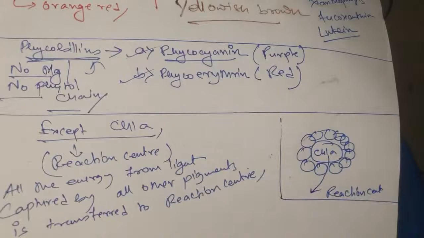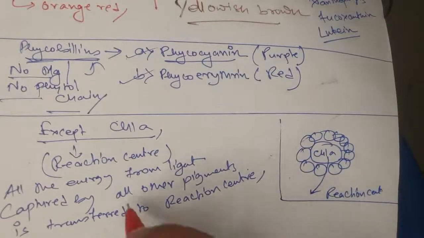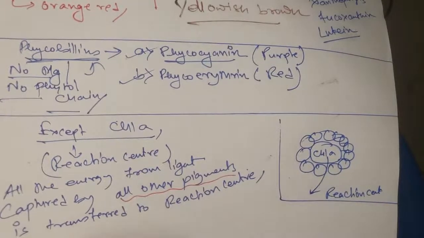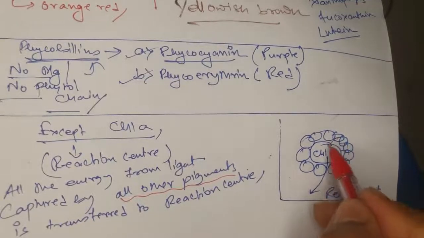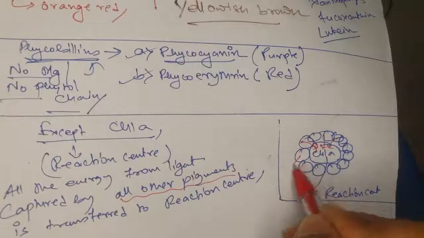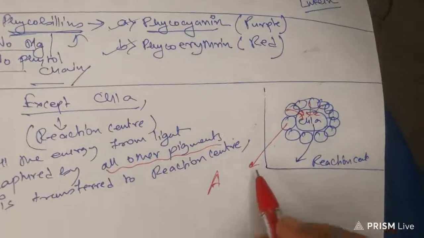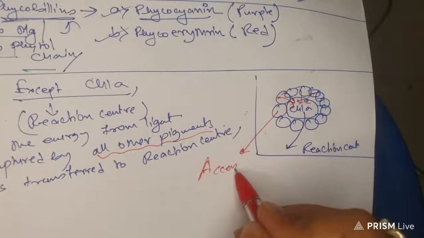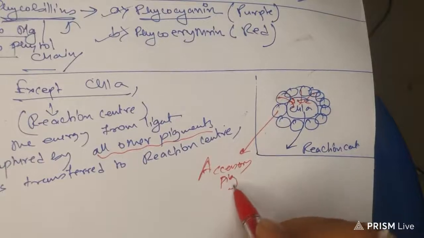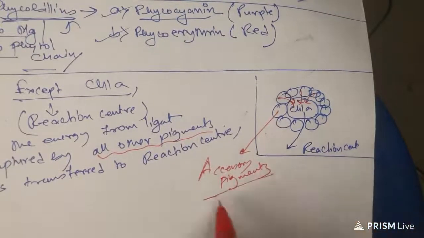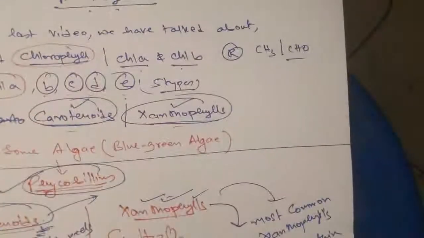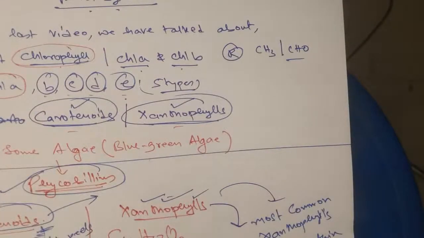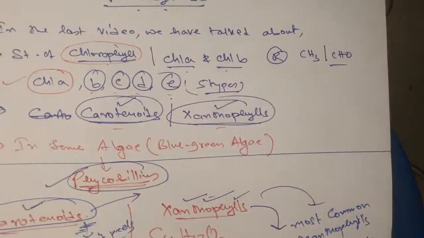All the other pigments which transfer their energy to chlorophyll A, the reaction center, are known as accessory pigments. So this is what I wanted to say to you. I hope you have understood this.